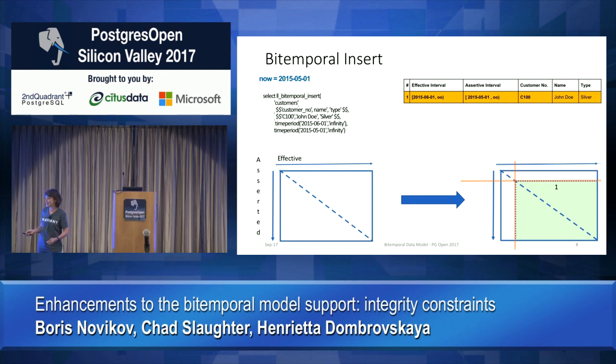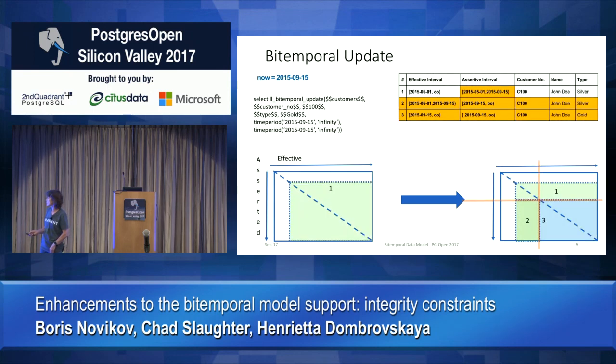However, today is May 1st, so we are inserting it as effective time from June 1st. But we know about this starting from today. So today is the start of the assertion interval. At this time, this record is visible in the database. And the graphs below indicate how it looks when represented graphically.